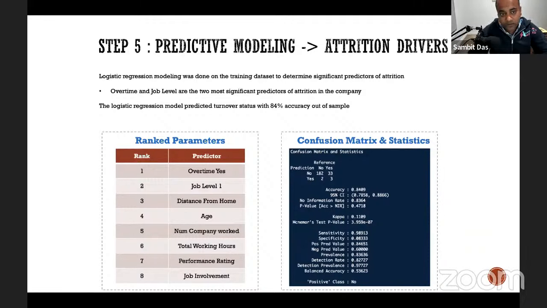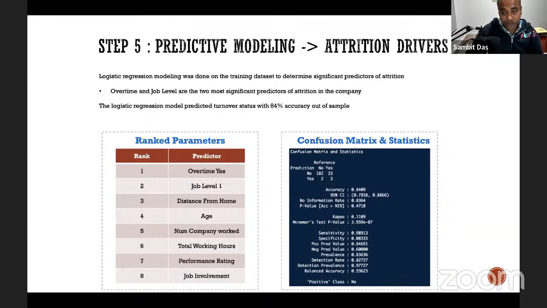This is how we calculate the confusion matrix and statistics, for those of you who are new to this area. On the left-hand side, the model has predicted the top 8 factors that predict attrition. People who are working overtime are likely to leave. Job level 1 is the numerical value of the type of job.